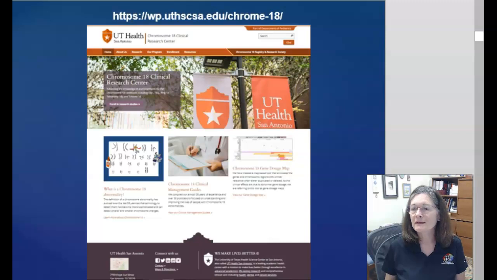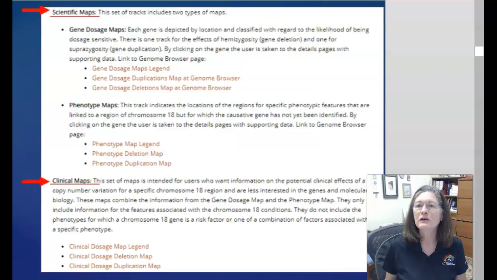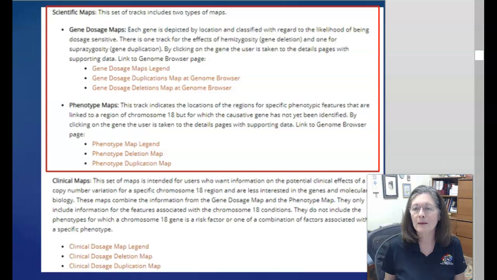You have to go to our website here, and you go to where it says Gene Dosage Map, shown in the circle. You click on that. It takes you to this page, and the important part of that page is right here in the middle, and it shows our two types of gene dosage maps. In this case, I've already talked about the clinical maps. In this case, these conditions are included in the scientific maps because they have less relevance to the vast majority of people with chromosome 18 abnormalities.